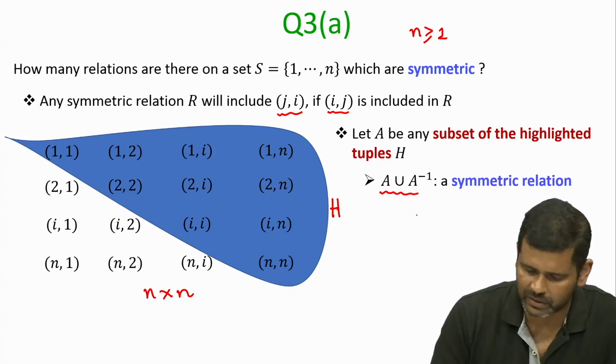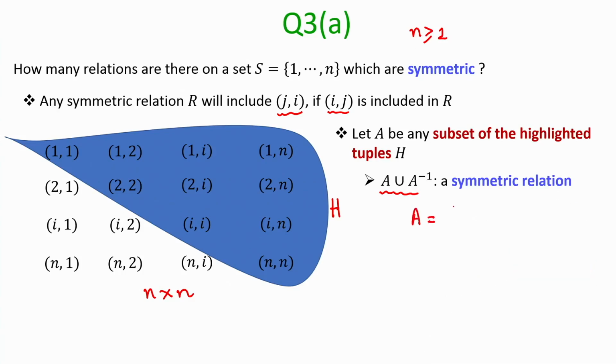So, for instance, if you pick A equal to say 1 comma 1 and 2 comma 3, a subset of H, then A inverse will be the inverse of these ordered pairs. Inverse means taken by reversing or swapping the order of the ordered pairs. So, the inverse of 1 comma 1 is 1 comma 1, but the inverse of 2 comma 3 is 3 comma 2.